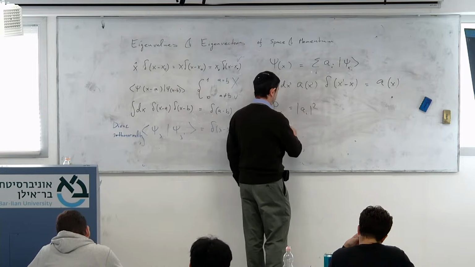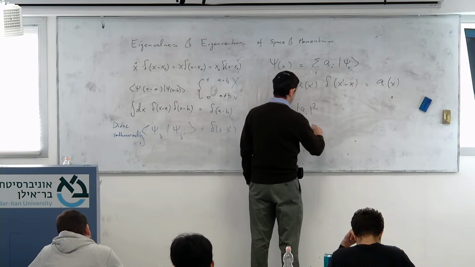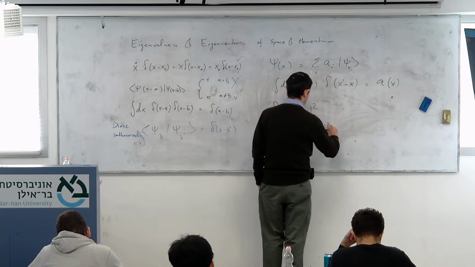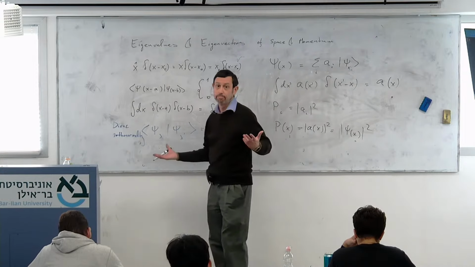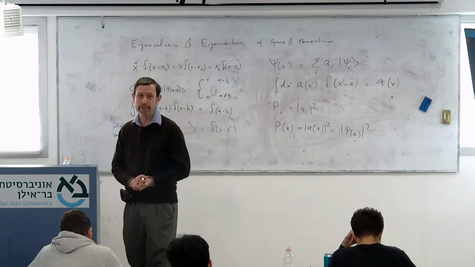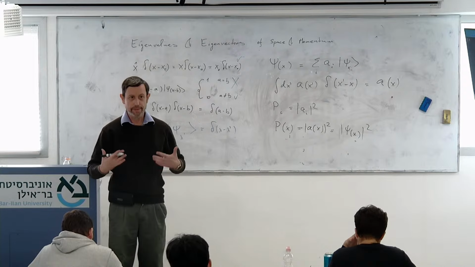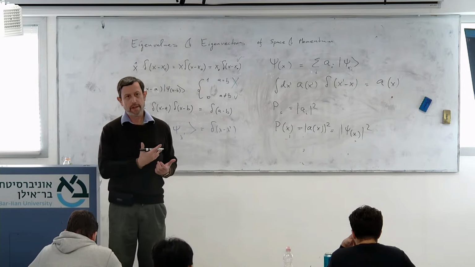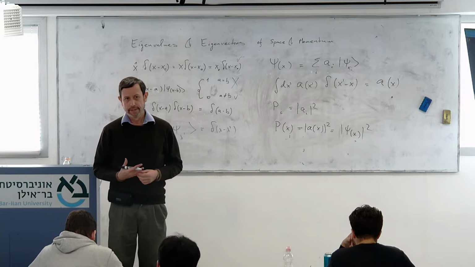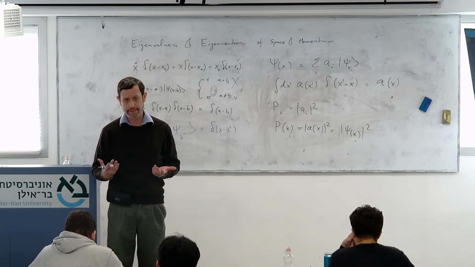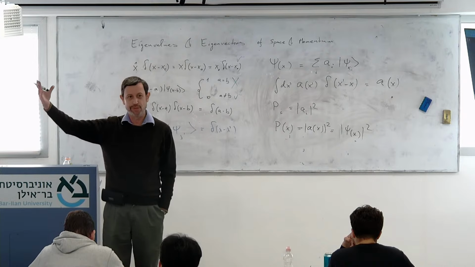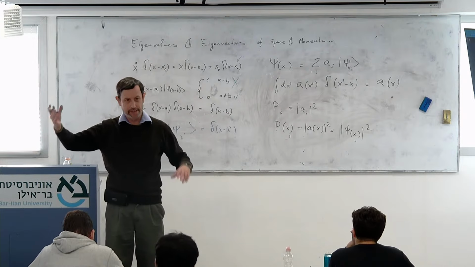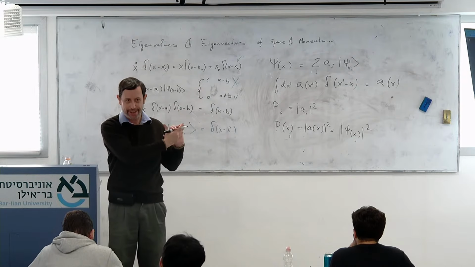Therefore, the probability of measuring x is A of x squared, which we knew all along without this whole complex language, but until now you may have come to the mistaken conclusion that for all other operators I have to write the amplitude of the eigenfunctions, and for position I have a special psi of x.